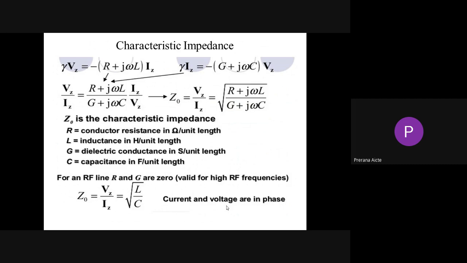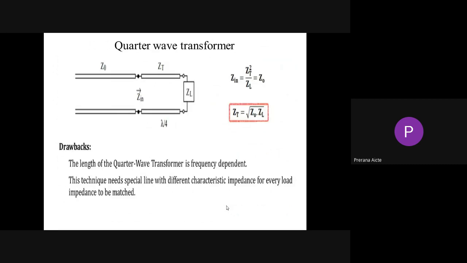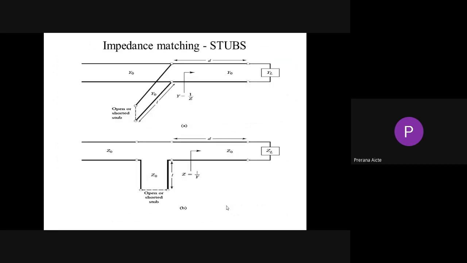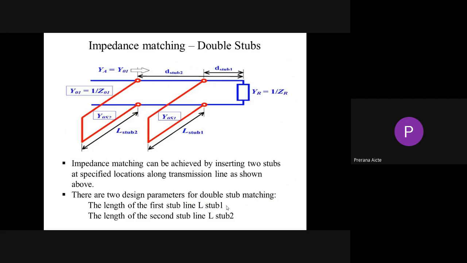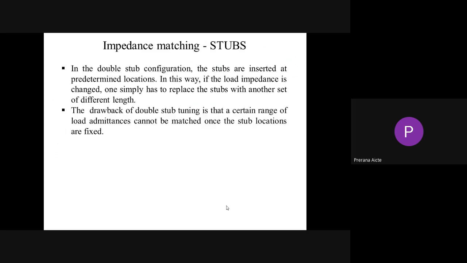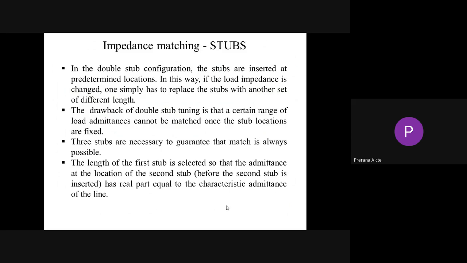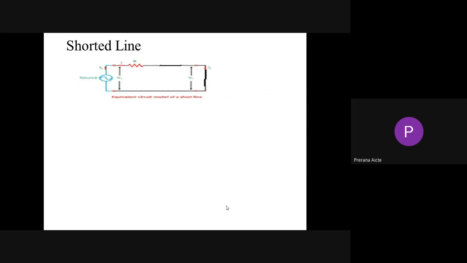These single stub and double stub matchings have some drawbacks. Over certain ranges, the load impedances cannot be matched, and when increasing the number of stubs, it becomes complex.